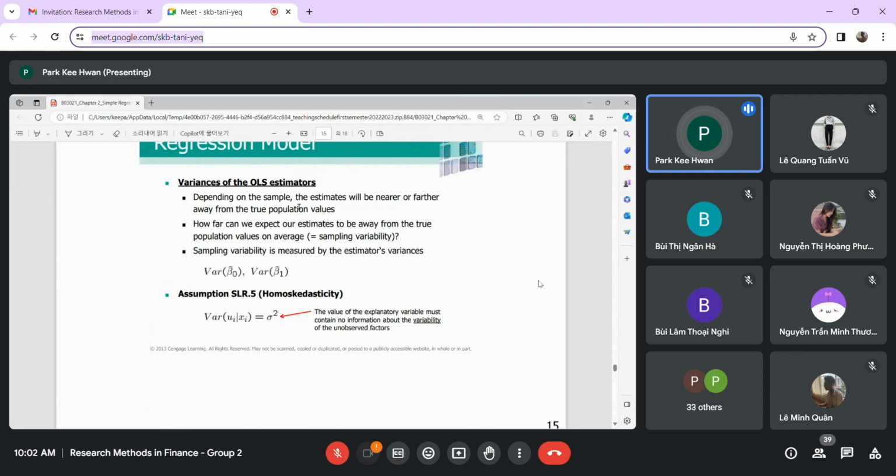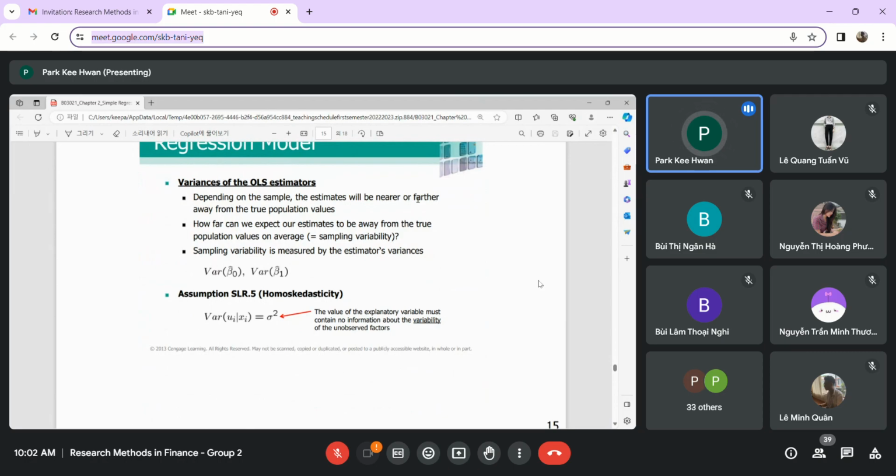So much for the mean of the estimator. Now we'll talk about the variance of the OLS estimate. We said the OLS estimators beta naught hat and beta 1 hat are random variables. So depending upon the sample, the estimate could be nearer or farther away from the true population parameter.